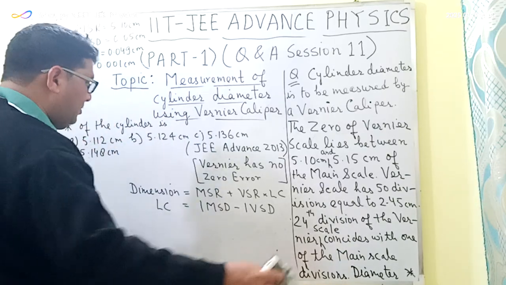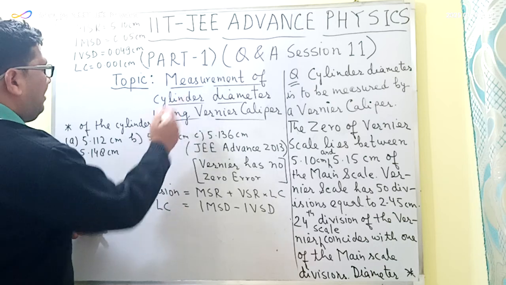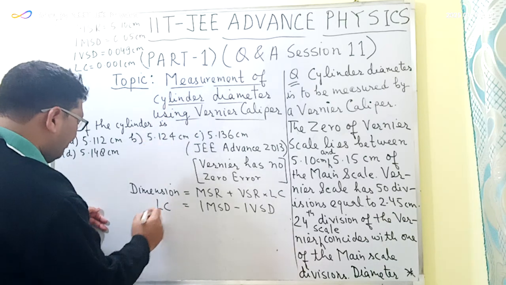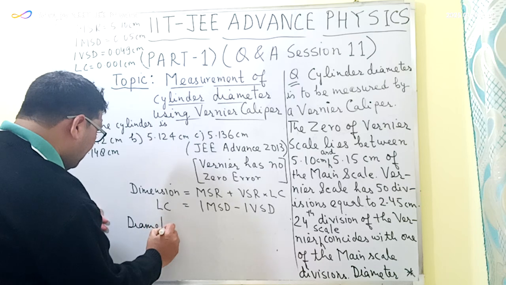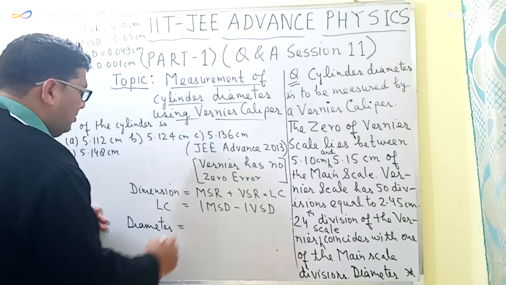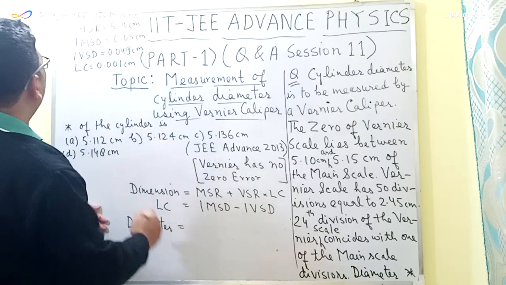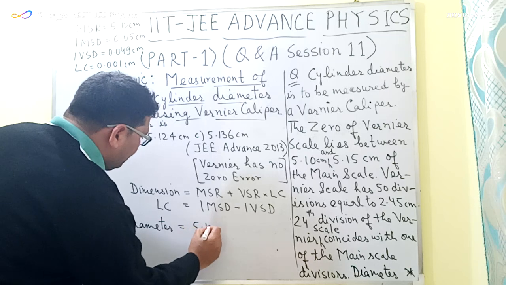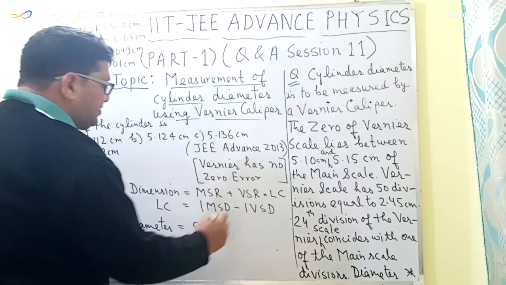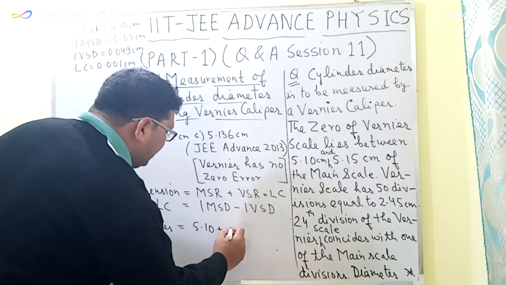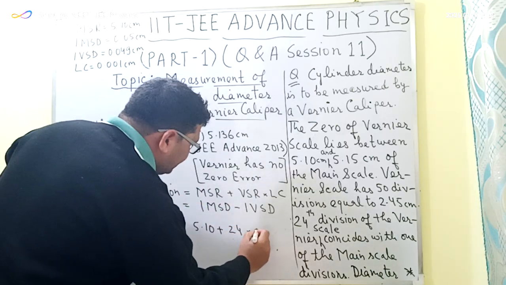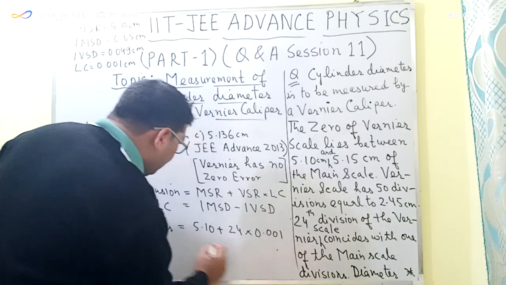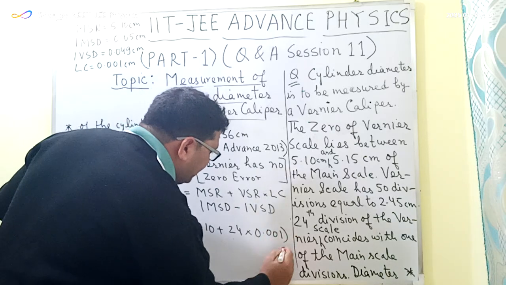So finally, the diameter of the cylinder will be equal to the main scale reading, 5.10, plus the coinciding vernier scale reading, 24, into the least count, 0.001, in centimeters.